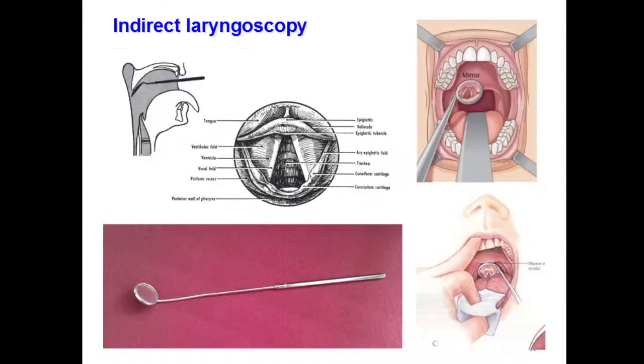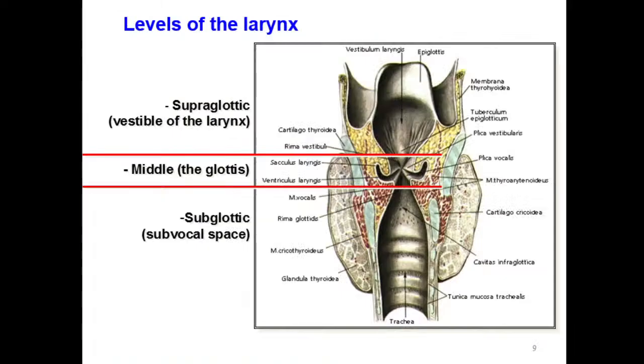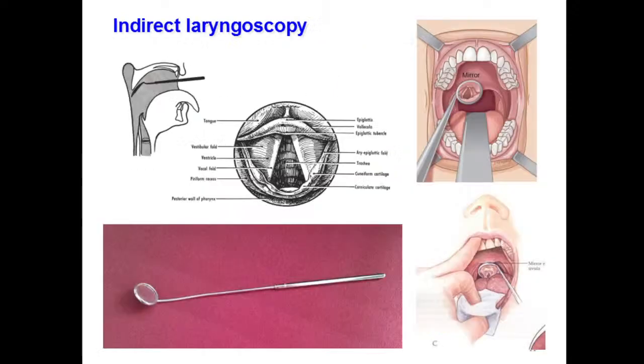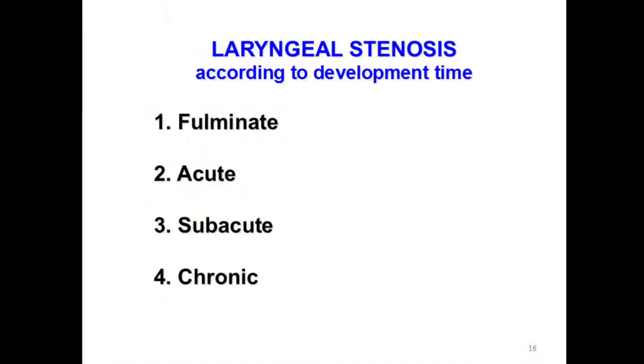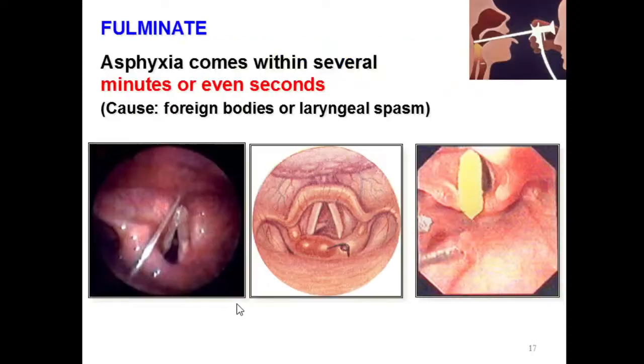If we return to this anatomical picture, I want to remind you it is a very narrow space, and this narrow space becomes narrower. According to time of development, laryngeal stenosis is divided into fulminant, acute, subacute, and chronic.